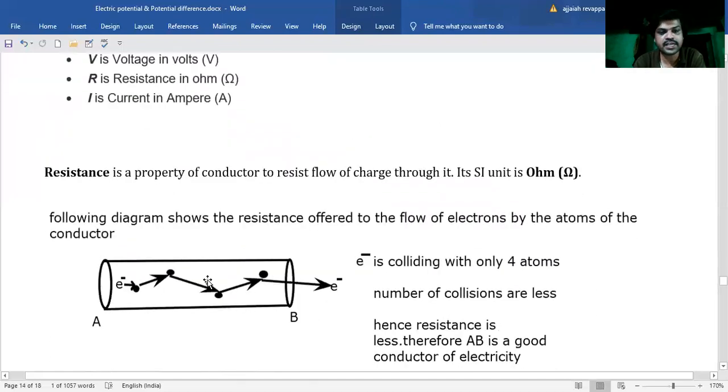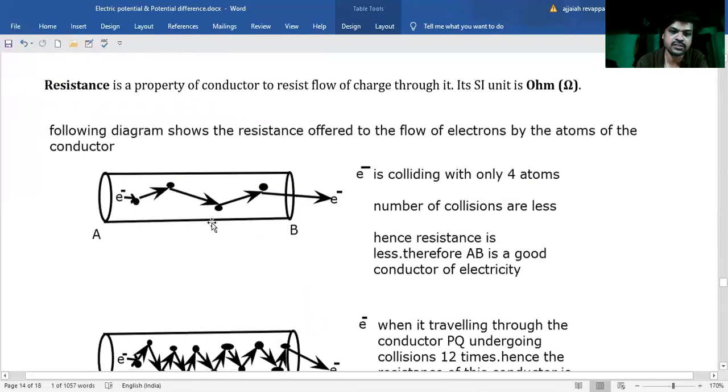You take any metal or alloy, there is an opposition. No metal allows the electron to flow through it without causing any obstruction. But the amount of obstruction or resistance to the flow of electrons varies from metal to metal, to alloys, to insulators.